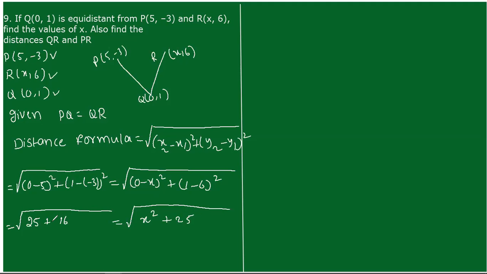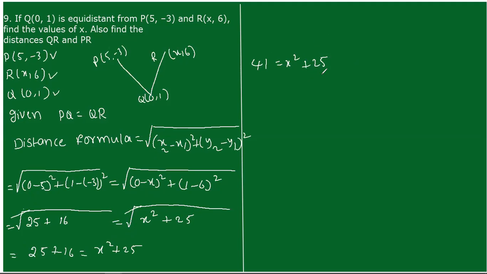Now on LHS and on RHS I have this square root symbol, so I can cancel it. So the remaining values are 25 plus 16 is equal to x square plus 25. So here 25 plus 16 it is 41. 41 is equal to x square plus 25.